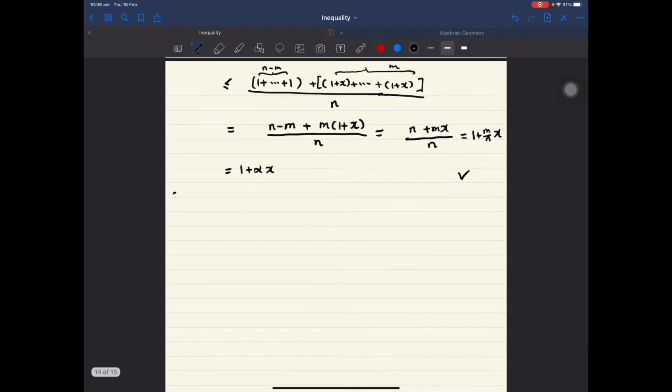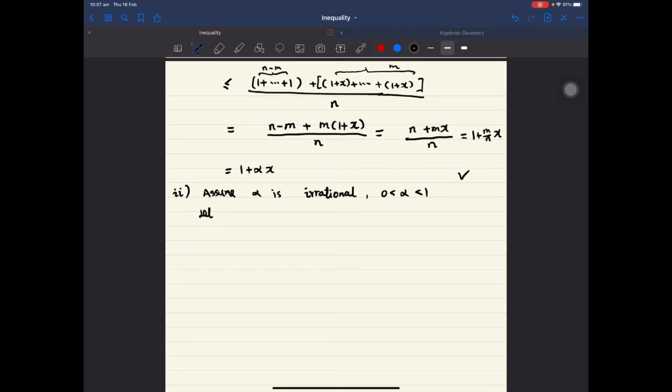Now the next case, we assume alpha is irrational, and alpha is also between 0 and 1.